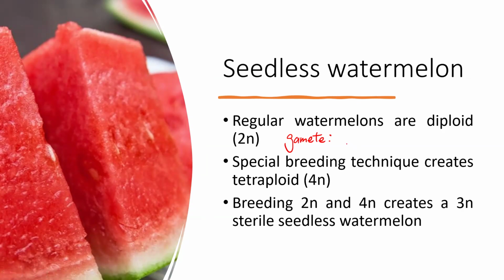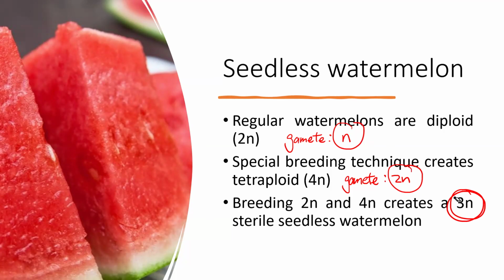So this is going to be N. What about the gametes of these 4N watermelons? 2N, that's right. It's always half. So they took the gametes of the 2N watermelon, and fertilized them with the gametes from the 4N watermelon, and 2N plus N is 3N. And 3N watermelons are seedless.